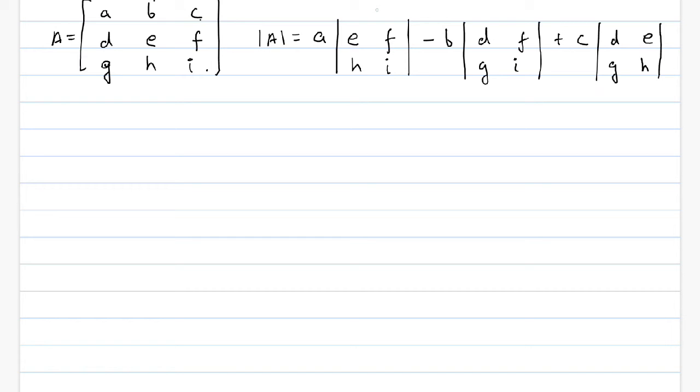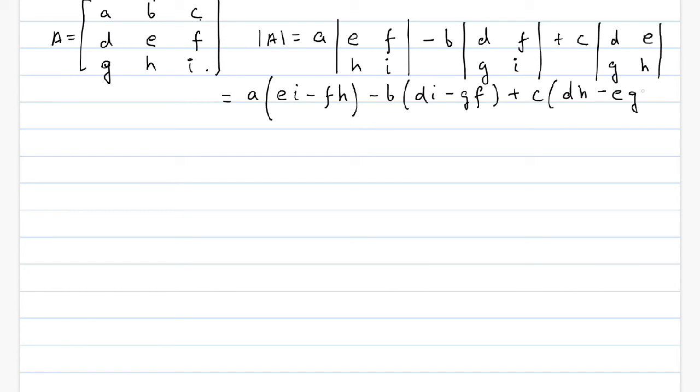Then we can find the determinant of each of these 2 by 2 matrices as we have studied earlier. So we'll have A times EI minus FH, then minus B times DI minus GF, and then plus C times DH minus EG.